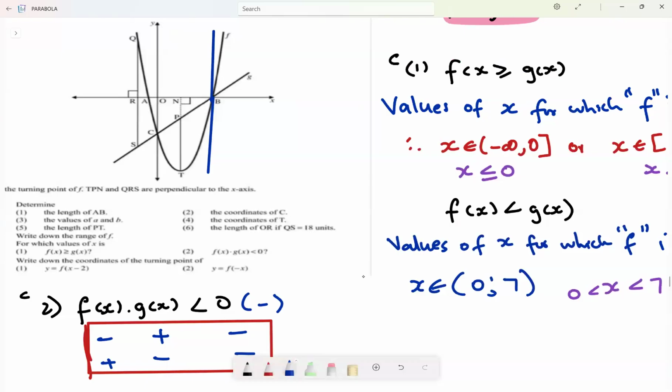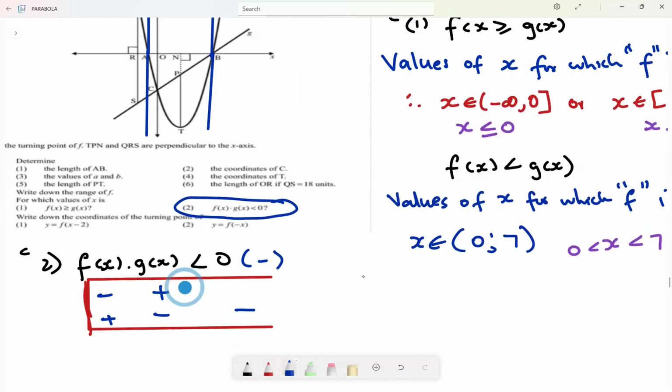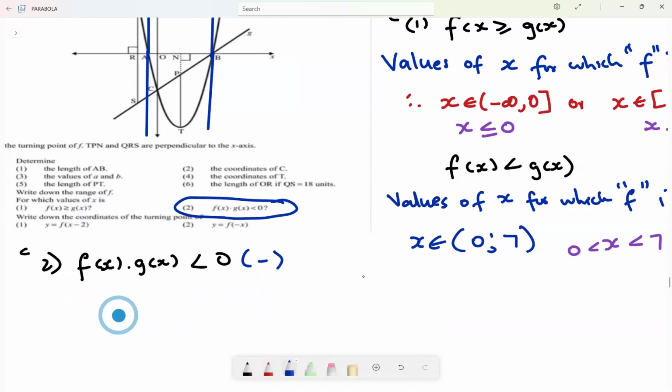Another x-intercept is here. But for this one, f of x is greater than g of x, do not cut it. You only cut it when you have the one that says multiply by, it is less than 0. Then I'm going to look first. This will be f of x.